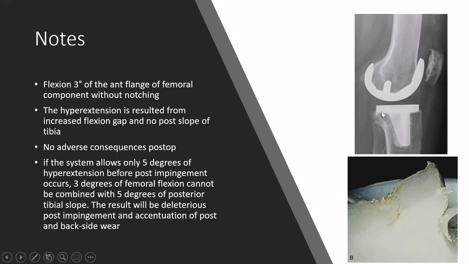These systems will not do any posterior slope of the tibia. Otherwise, if you do sloping of the tibia, there will be a deleterious post-impingement syndrome on the cam, on the post of the polyethylene, and it may cause backside wear.